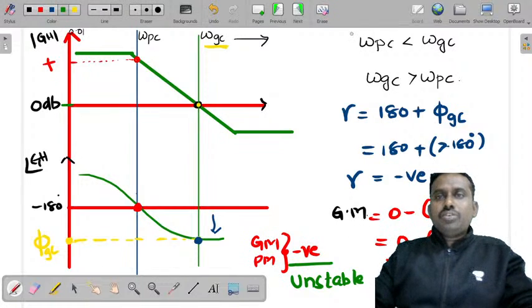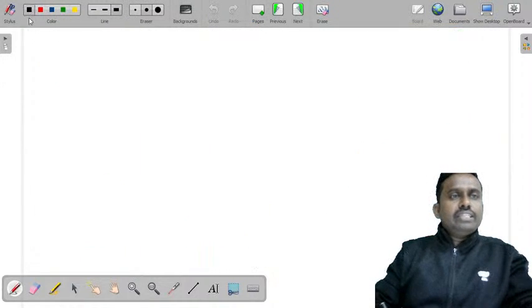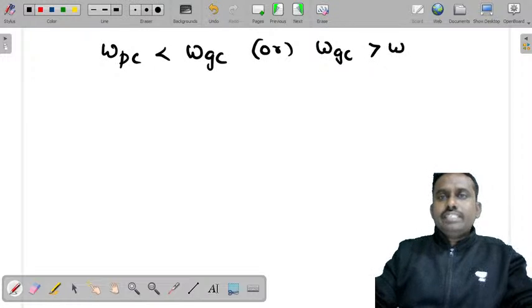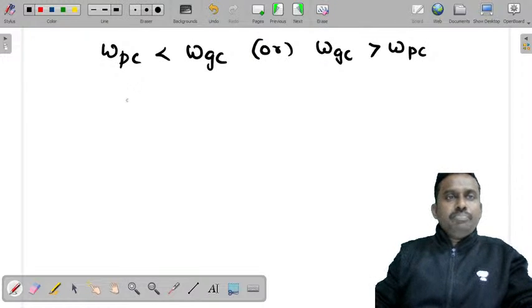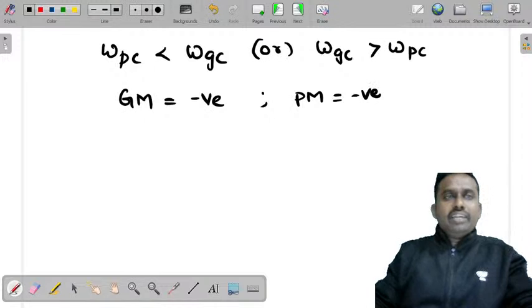So you can write it something like this: if the phase crossover frequency is less than the gain crossover frequency, or the gain crossover frequency is greater than the phase crossover frequency, then gain margin is negative and phase margin is also negative.